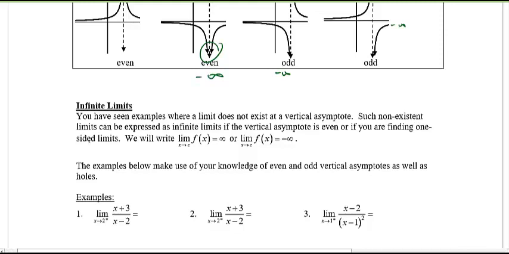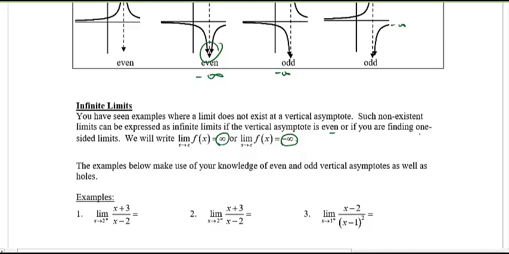Such non-existent limits can be expressed as infinite limits if the vertical asymptote is even, because if it's even, we can say it's just positive infinity or negative infinity, or if you are finding one-sided limits. The problem with the odd ones, of course, is that the one-sided limits are not the same, so it still does not exist. Now the notation we use is once again the infinity sign or the negative infinity sign to talk about that limit value.